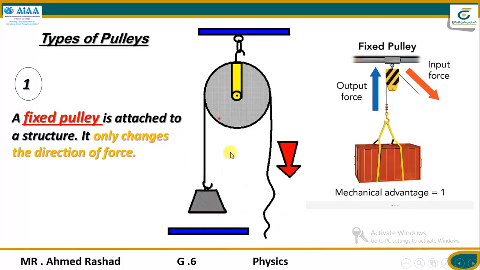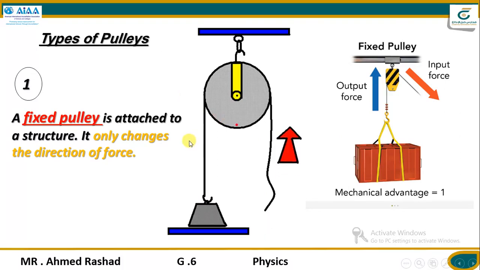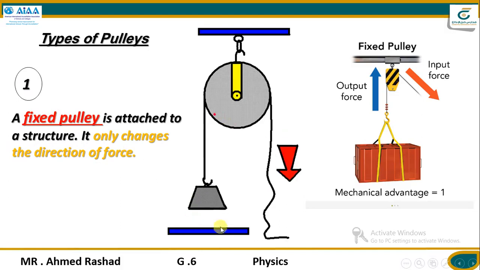Input in this direction and output in this direction, but it does not change any amount of force between the output force and input force. It just changes the direction. So this is number one. When I lift an object with the type number one pulley, it is fixed in the same place.